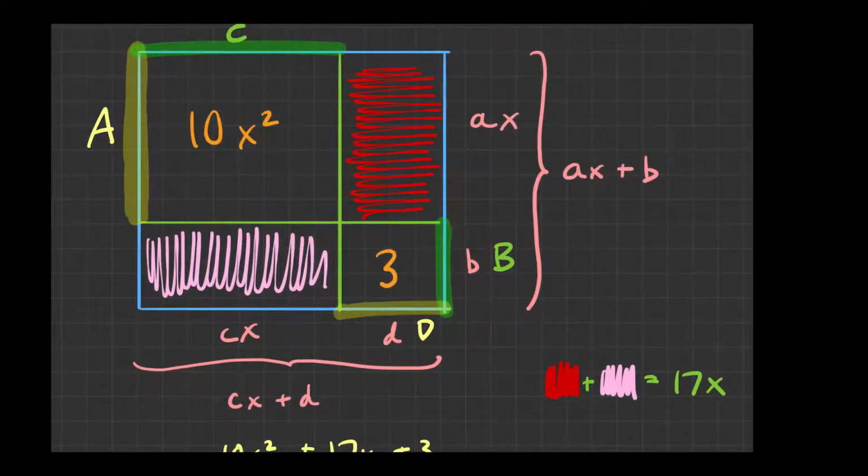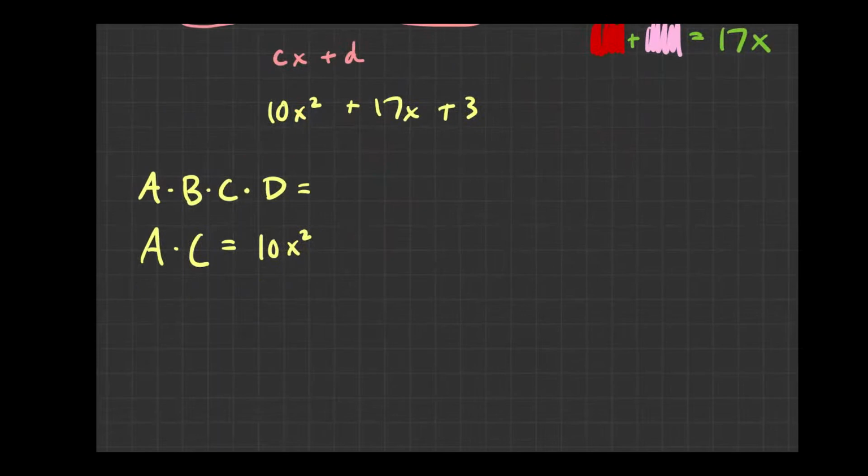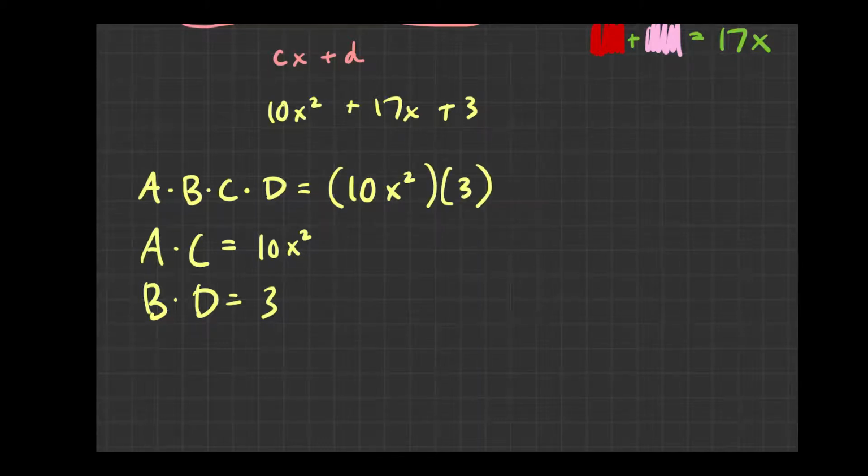And I know that B times D is 3. So that means that A times B times C times D is equal to 10x squared times 3.